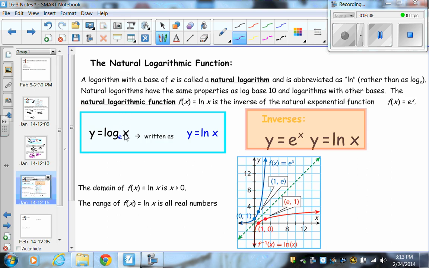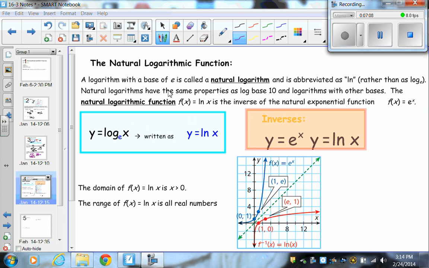Next, we have what we just talked about, the natural exponential function. Now we're going to talk about the natural logarithmic function. So a logarithm with a base of e is what we call the natural logarithm, and it is abbreviated as ln rather than log base e. So we won't ever see it written as log base e. You will always see it written as ln.